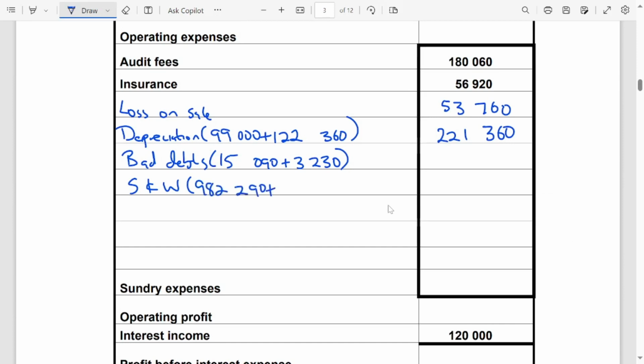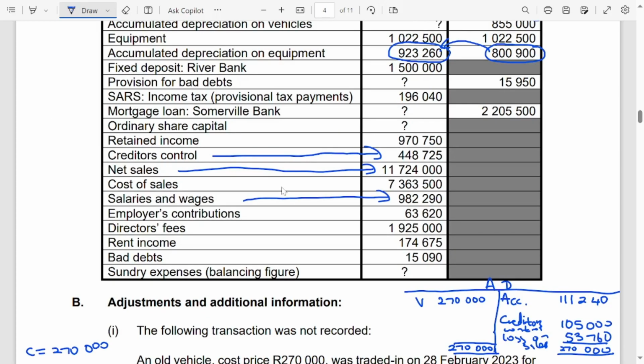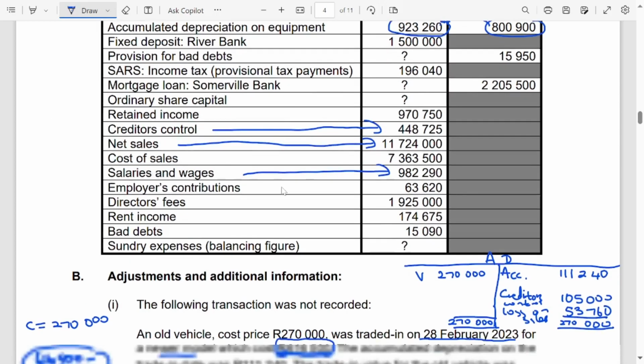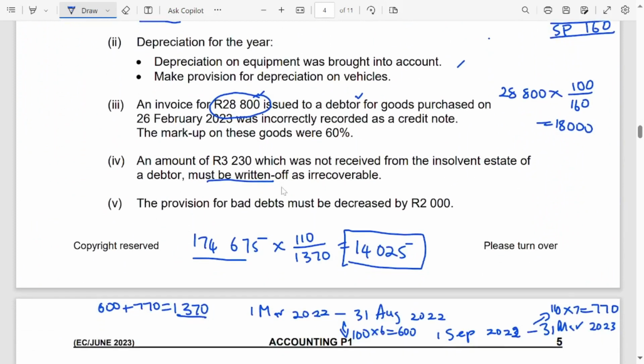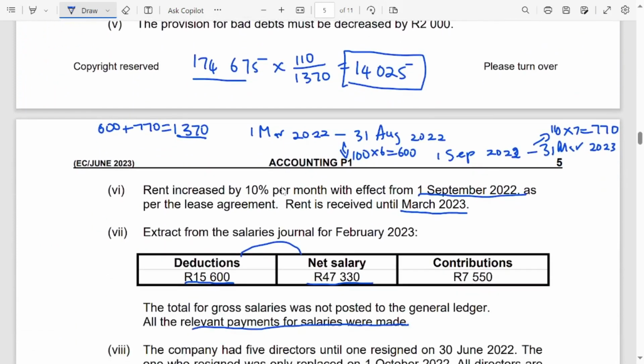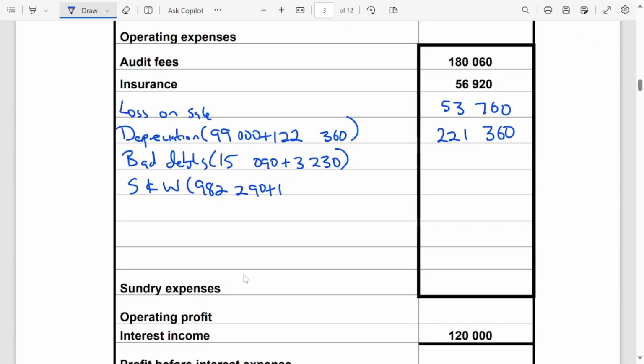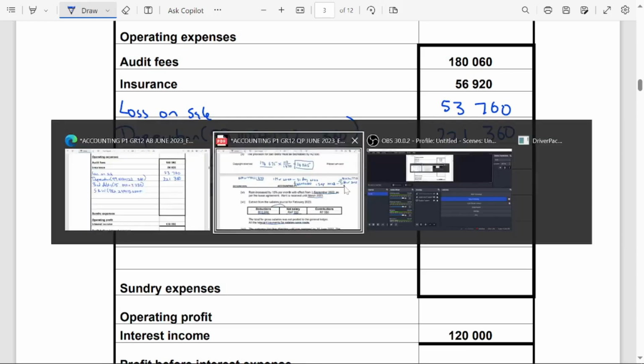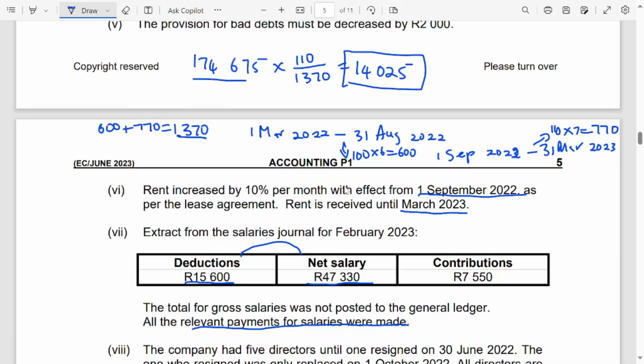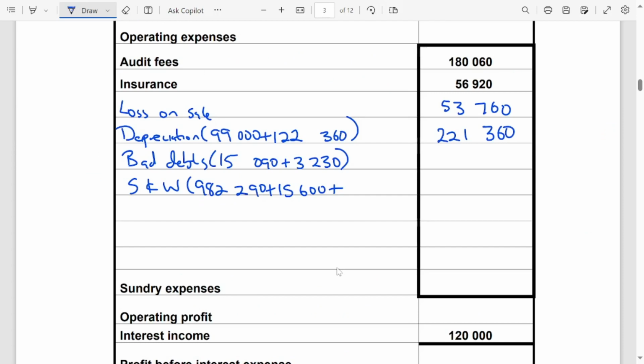So plus. So we must go and add the one posted. So the gross salary is made up of deductions, 15,600 plus 47,330.